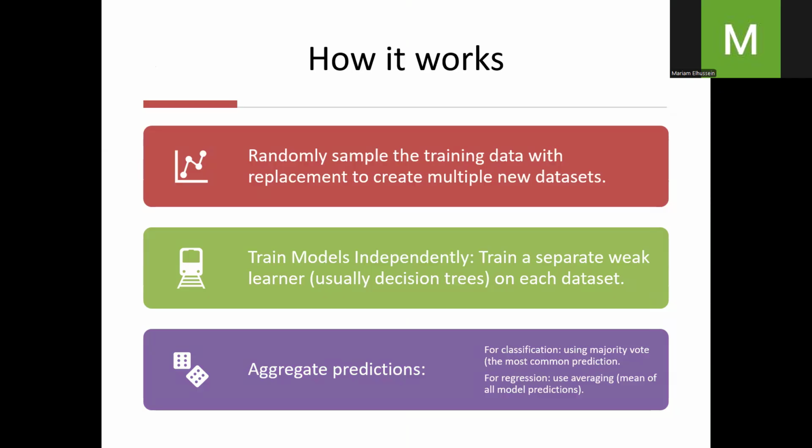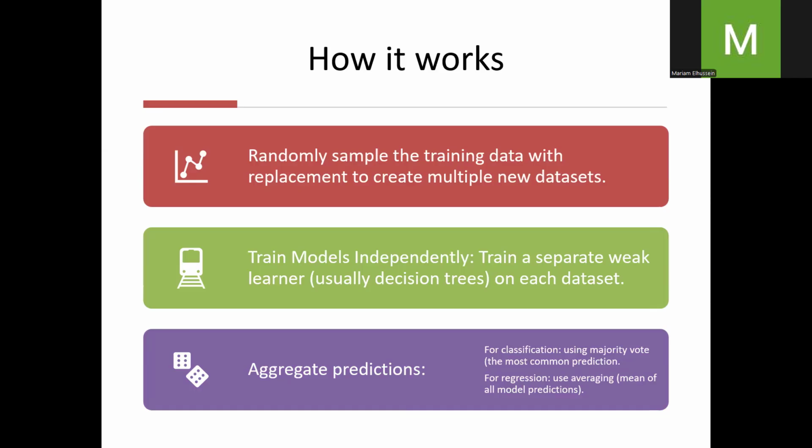So how does it work? We randomly sample training data with replacement. For instance, you have 100 instances, you sample 25 instances and train a model. If we sampled without replacement, the rest of the data set would be 75, then we would sample another 25, the rest would be 50, and so forth.